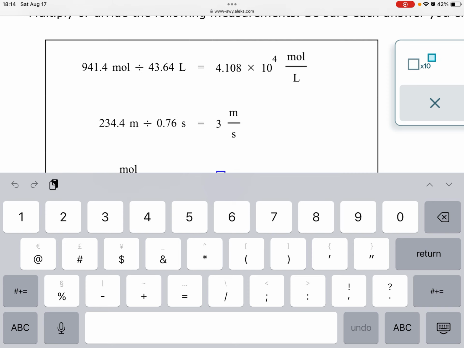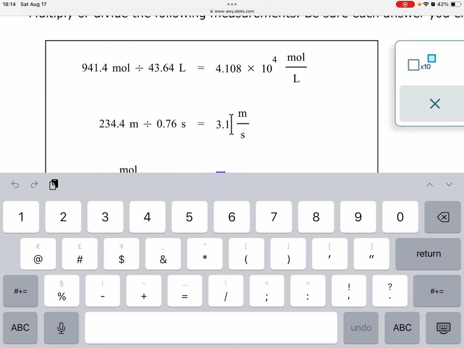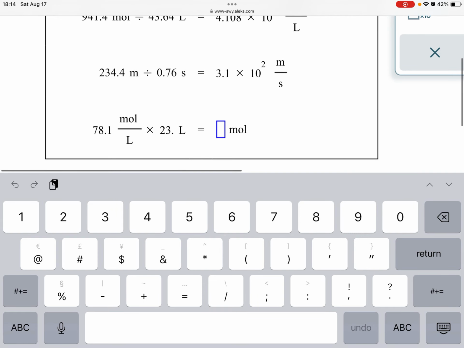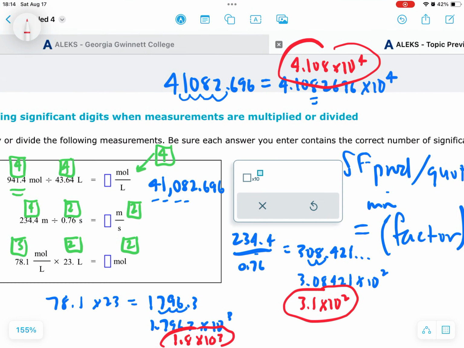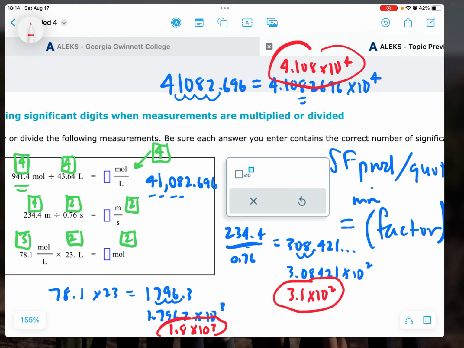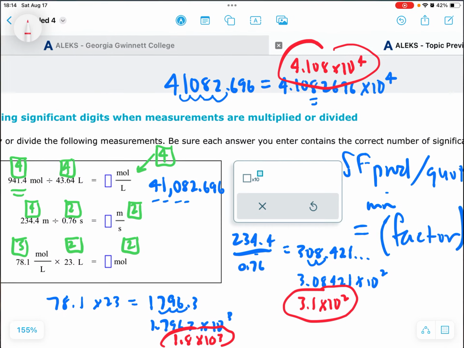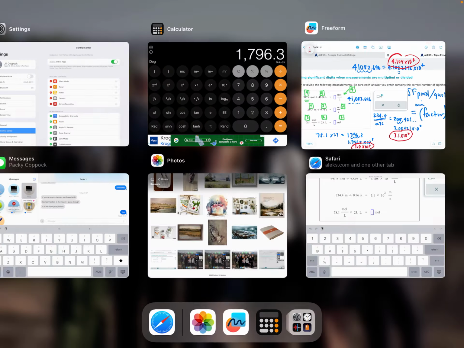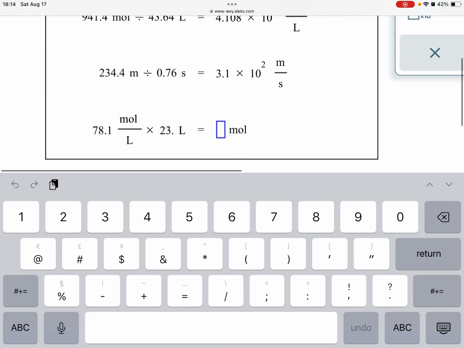And the last one was 1.8 times 10 to the 3.